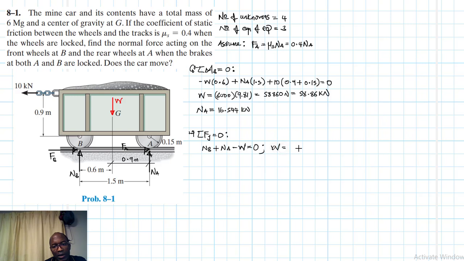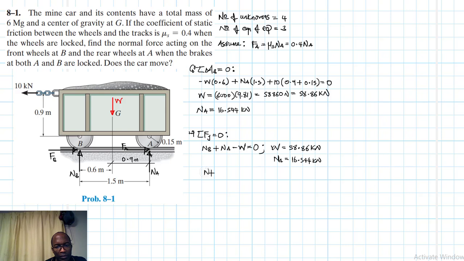And we know that W is equal to 58.86 kilonewtons, and our NA, which we calculated already, is equal to 16.544 kilonewtons.